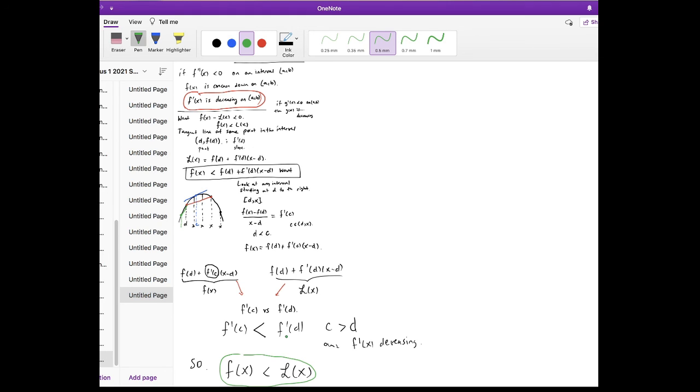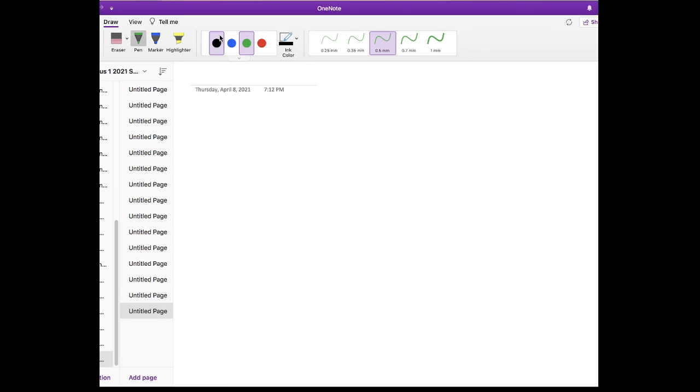Okay, so we'll do an example of the second derivative test. But any questions about it? Okay, all right, so let's do an example. Oh yeah, here's kind of the kicker of the second derivative test.